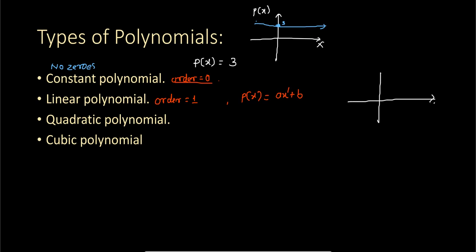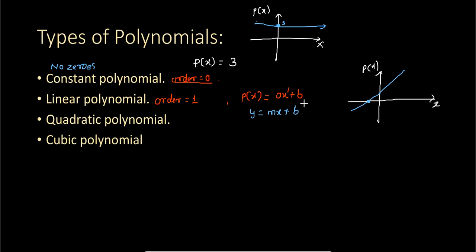suppose we have the x-axis, and this is your p(x). So it will look like a straight line, because if you compare this with the equation of a straight line, y = mx + b, that equation of a straight line is also a linear polynomial because the order of the variable x is 1. So a linear polynomial is nothing but a straight line which is intersecting the x-axis at a point where it becomes 0.